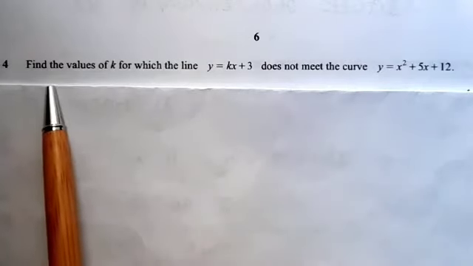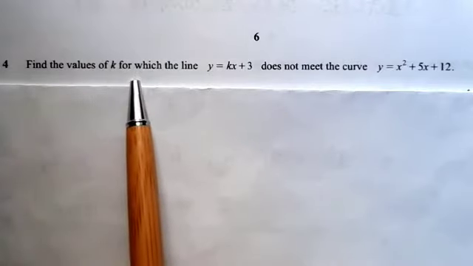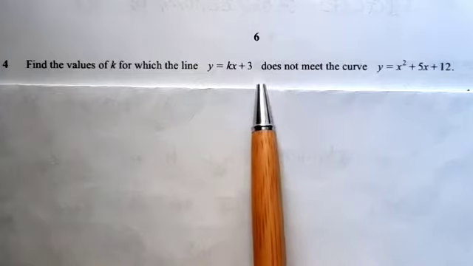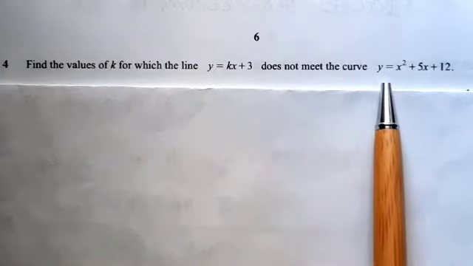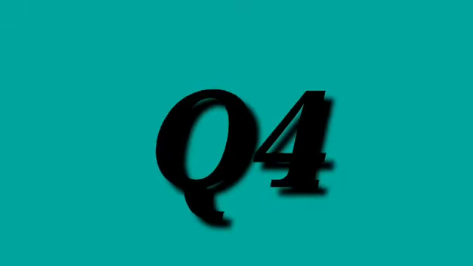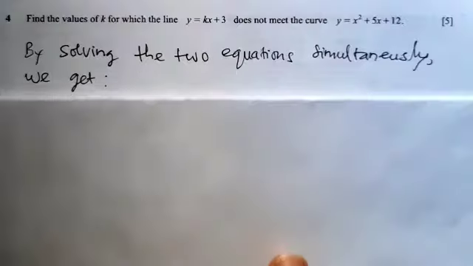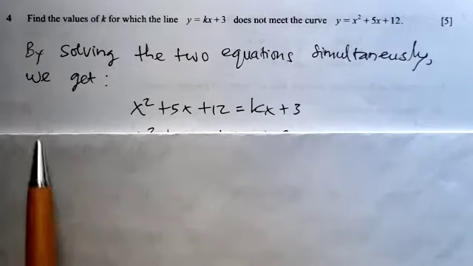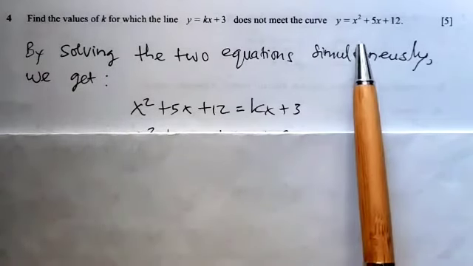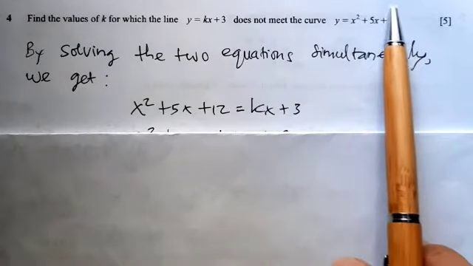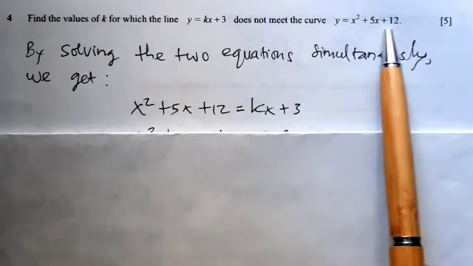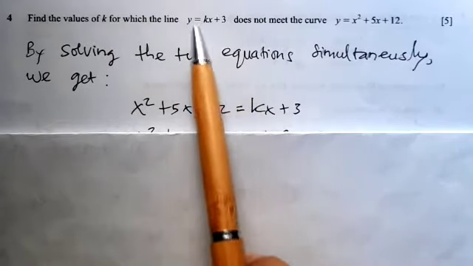Question number 4: find the values of k for which the line y equals kx plus 3 does not meet the curve y equals x squared plus 5x plus 12. By solving the 2 equations simultaneously, we get the equation of the curve equals the equation of the line.